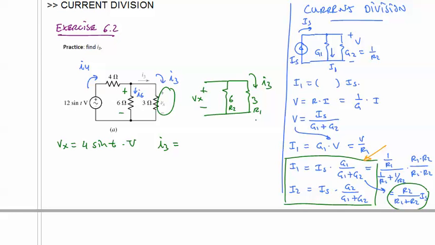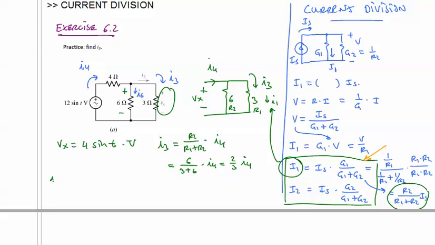And this would then be I1 if we're using this formula here. So it's R2 over R1 plus R2 times the total current, I4. We've got to solve for that yet. And what is R2? That's 6 over 3 plus 6 times I4, which is 6 over 9, or 2/3 I4.